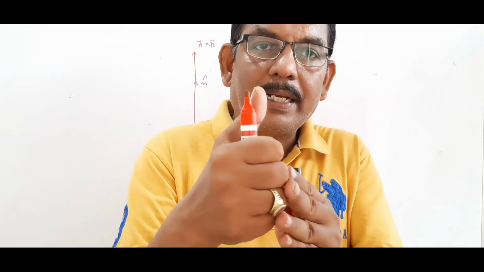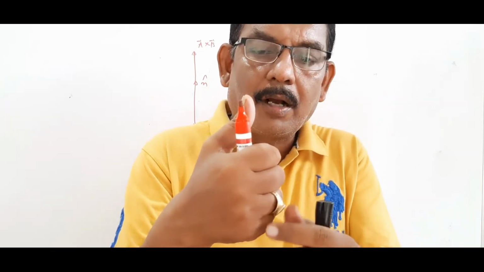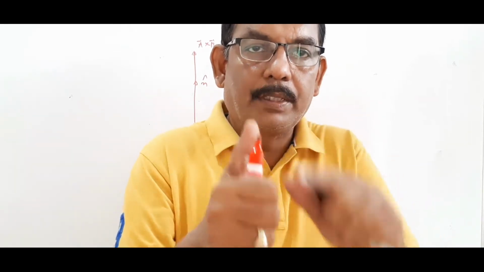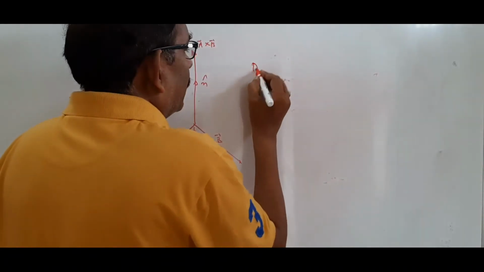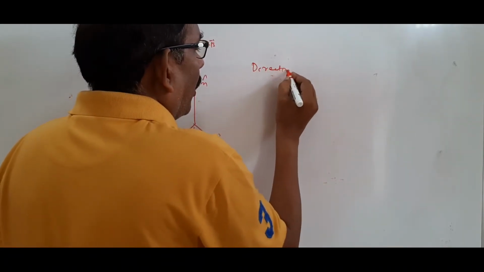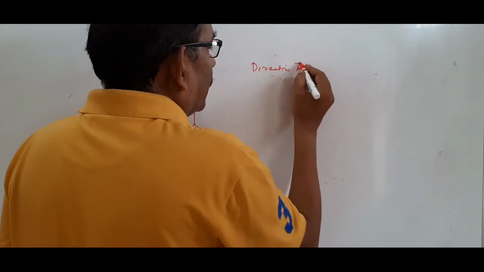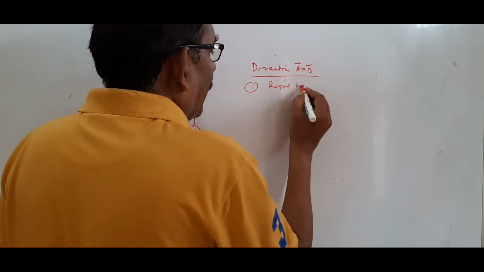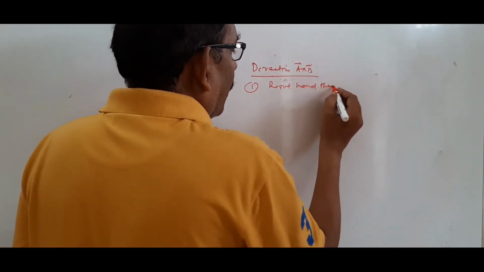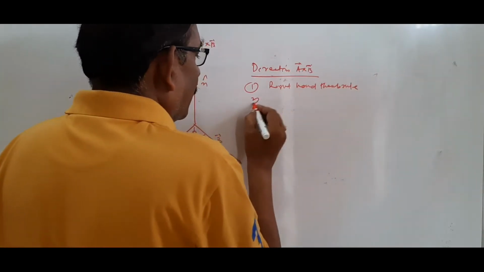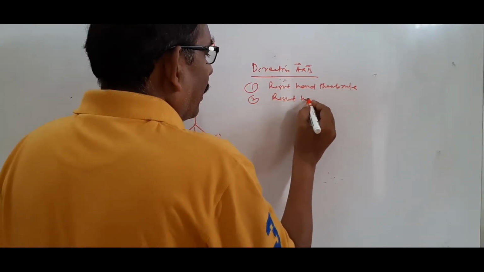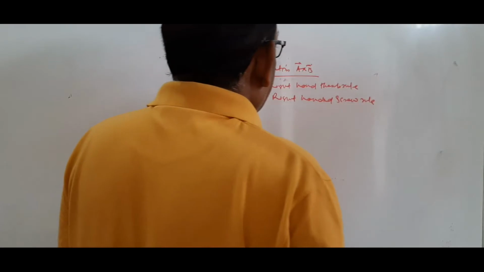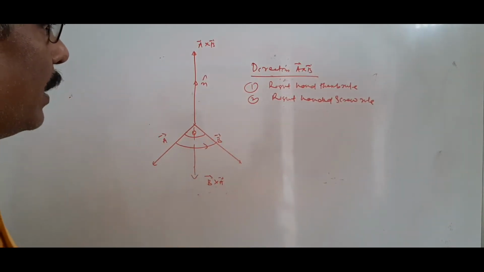The curl fingers indicate the direction of the rotation of A to B, and the thumb indicates the direction of A cross B. So the direction of A cross B is determined by using the right hand thumb rule and right handed screw rule. In this way, determine the direction of A cross B.